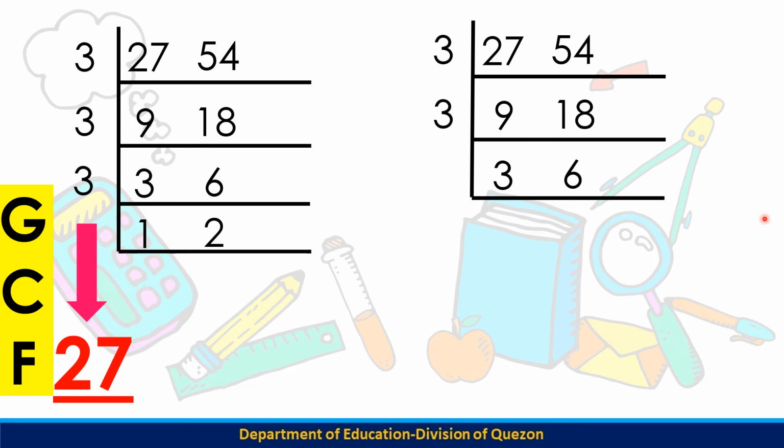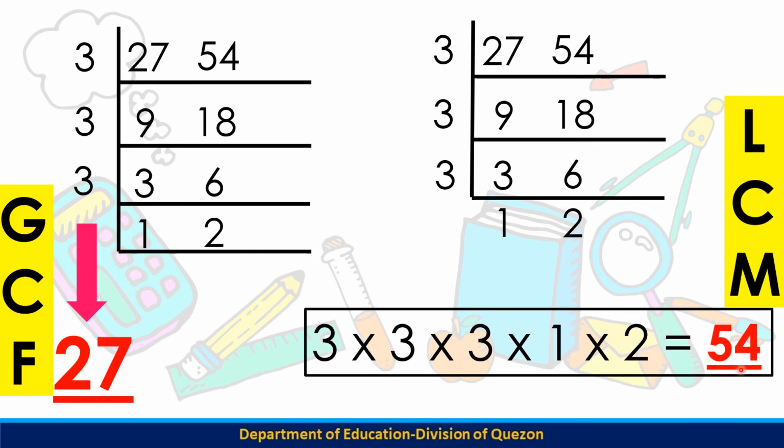The divisor of 3 and 6 is also 3. 3 divided by 3 is 1 and 6 divided by 3 is 2. Ngayon, kunin naman natin ang LCM. We have 3 times 3 times 3 times 1 times 2, which is equivalent to 54. It is our LCM or the least common multiple.